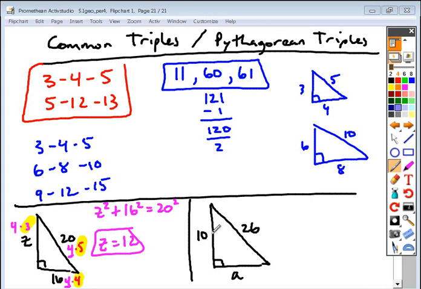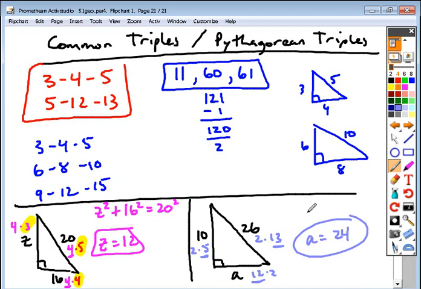What's a common factor that you can remove from both 10 and 26? This is 2 times 13, 2 times 5. So you have this 5, blank, 13. Is that one of your common triple patterns? Yeah, 5, 12. And so your common multiplier was 2. 12 times 2 gives you your answer, 24.